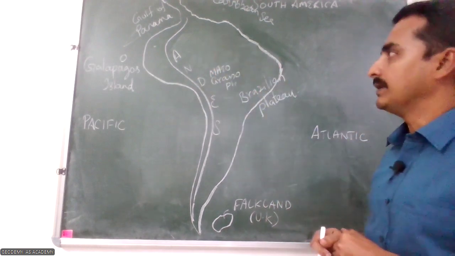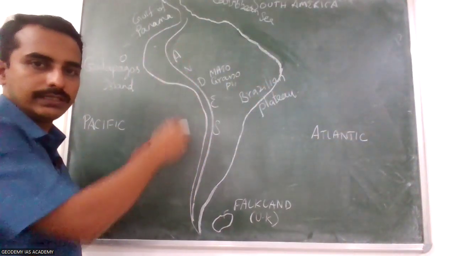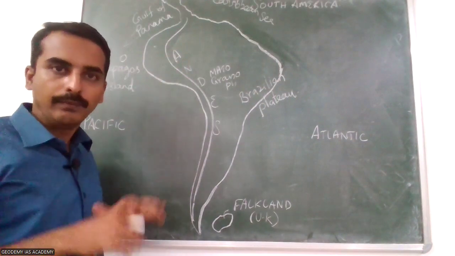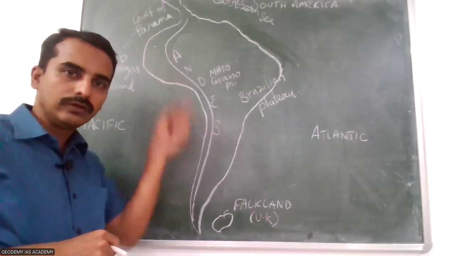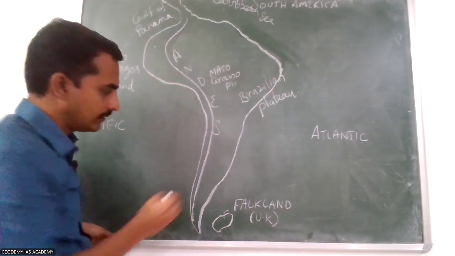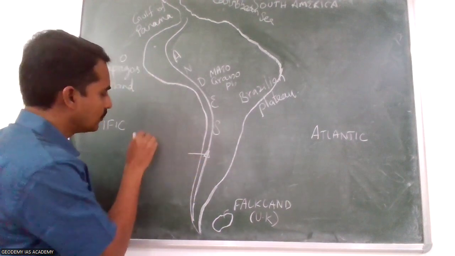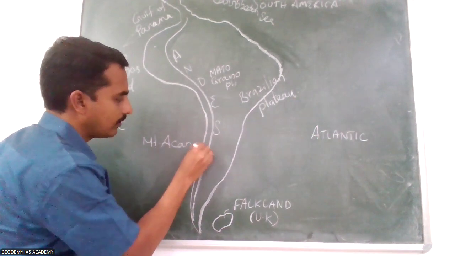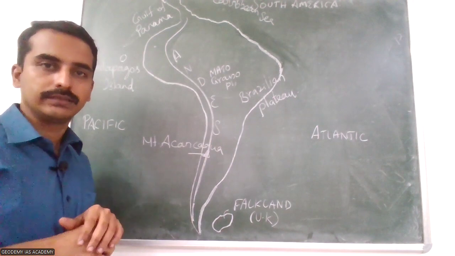Okay. Then the important peaks in the Andes mountain. Because it is a convergent plate boundary, and we know it is part of the Pacific Ring of Fire, many active volcanoes are located along the Pacific boundaries from South America to New Zealand and Australia. So here in the Andes mountain, the highest peak is Mount Aconcagua, and it is one of the active volcanoes.